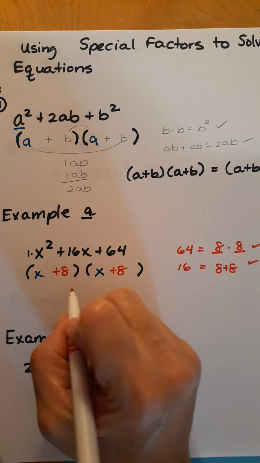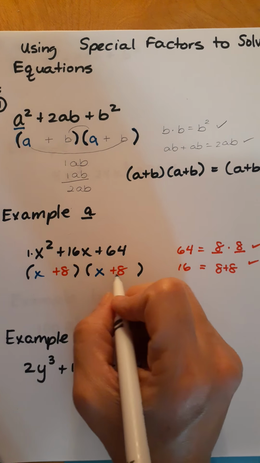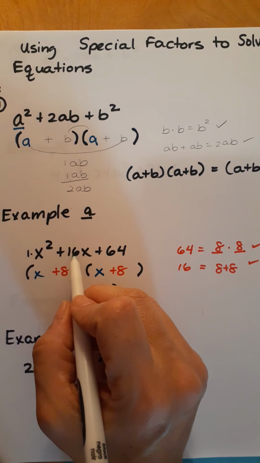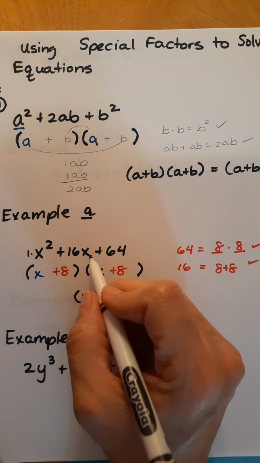Now, x plus 8 times x plus 8, another way to write it is x plus 8 squared. And if you think about it, 2 times 8x is 16x. So 8x times 2, 16x. Okay, so that's kind of still following the same rule. x squared, b squared would be your 8 squared, and then 2 times 8x, 2ab, would give us the 16x.